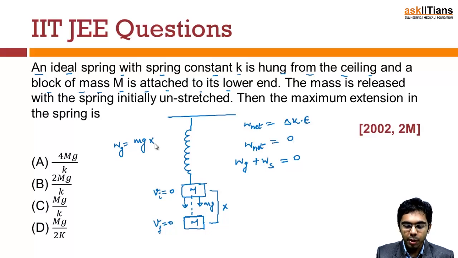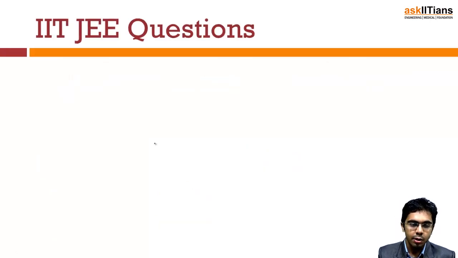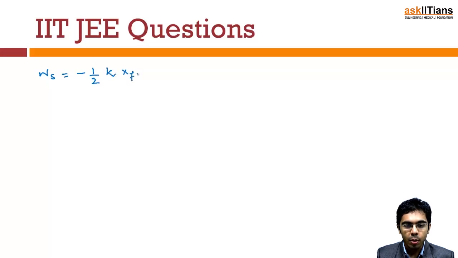But what about the spring force? We have already done that the work done by the spring force is equal to minus half k times x final square minus x initial square. Now I know that x final is equal to x and x initial is equal to 0. So I'll get this as minus half k x square.